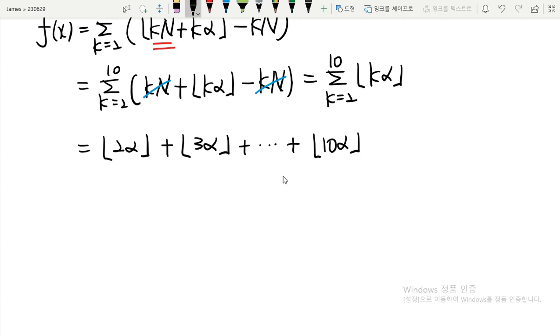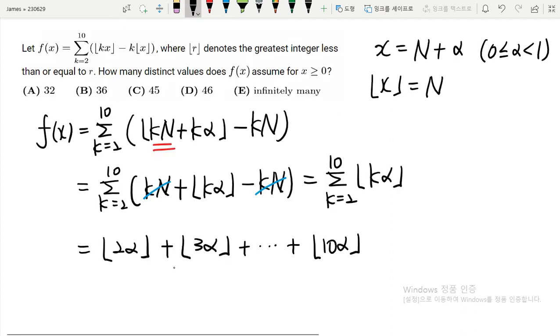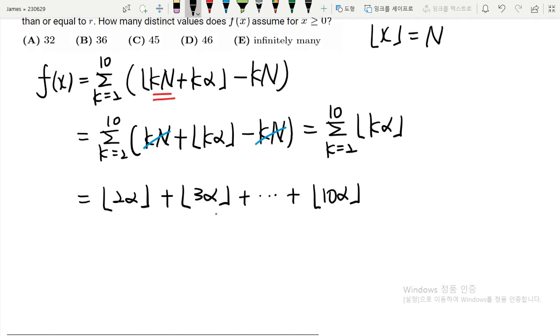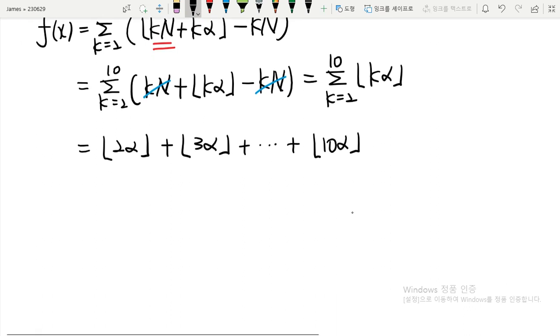And for this sum to have a distinct value, if any value inside this floor function is an integer, that will add integer 1 to the sum, so that will make the value distinctive.